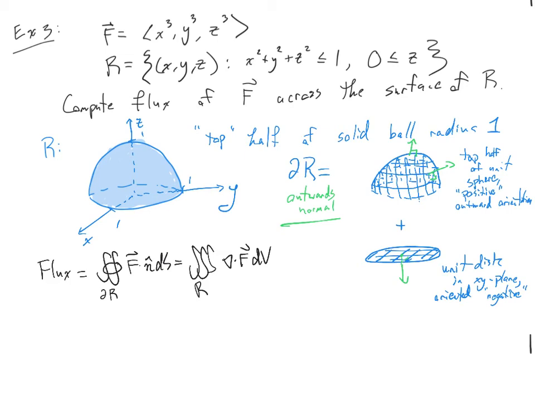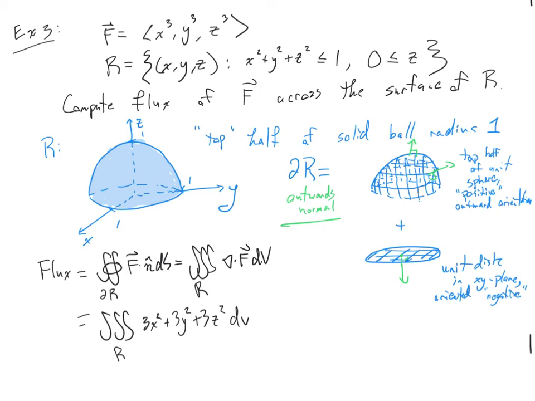And since the divergence of f is pretty easy to compute here, it's just 3x squared plus 3y squared plus 3z squared. I'm looking at that, I'm like, that's probably the better integral to compute than having to do these two different integrals where I have to parameterize one surface and a different surface.